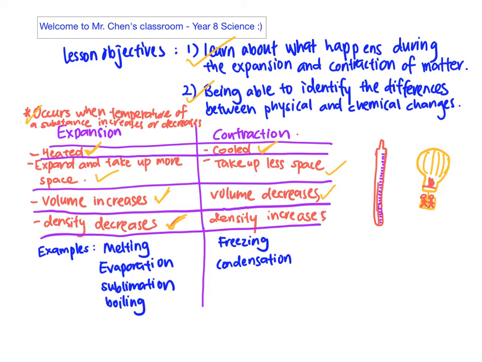When it's further apart, it is not as concentrated, so we say the density has decreased. On the other hand, when it contracts, all the particles join to each other, and that makes it really crowded.